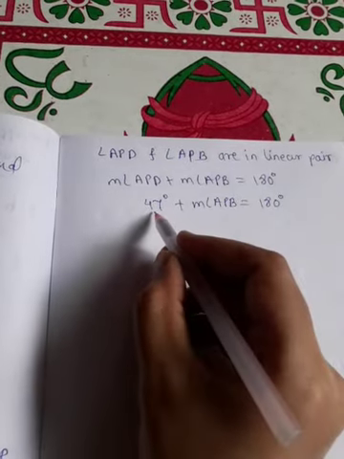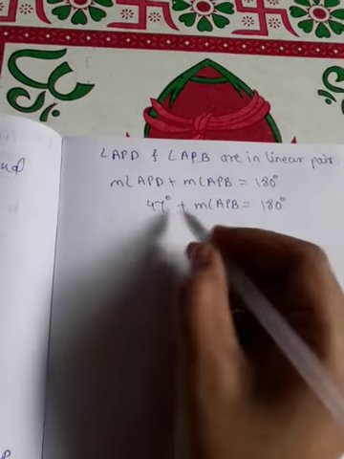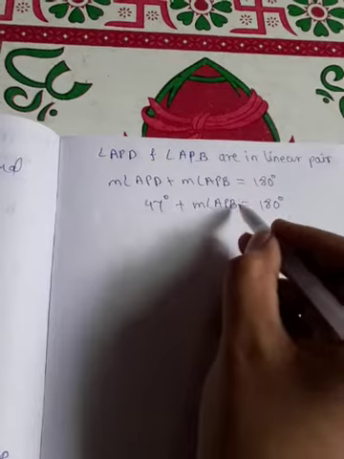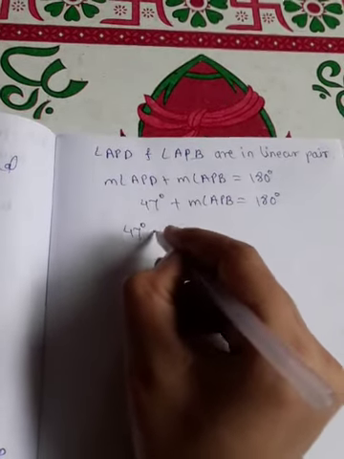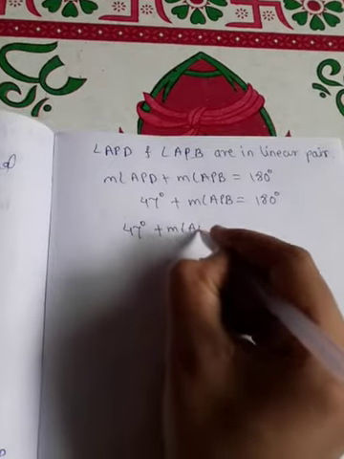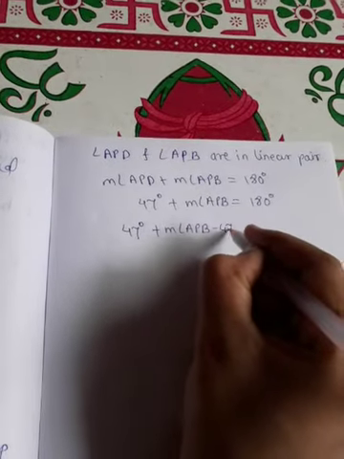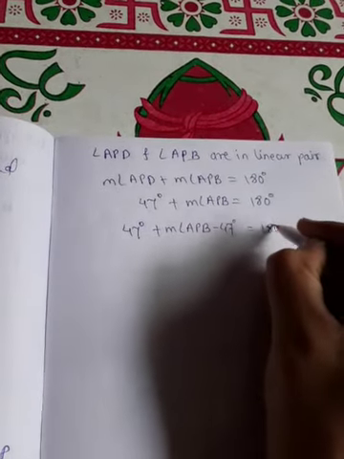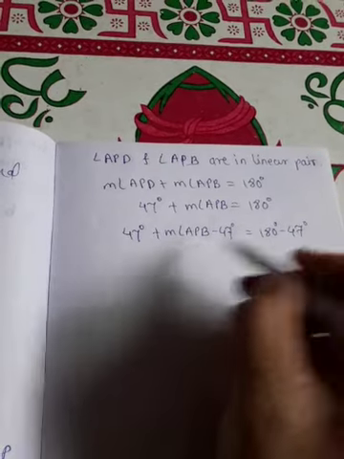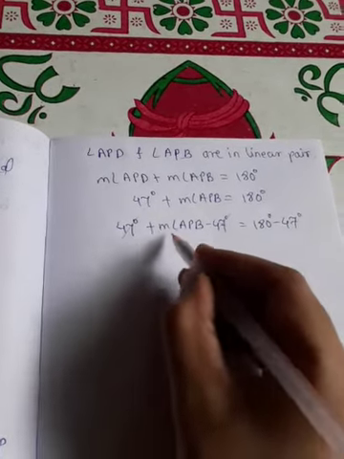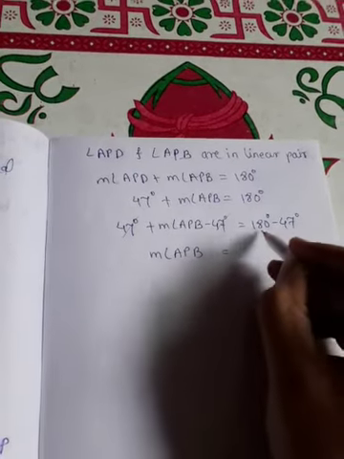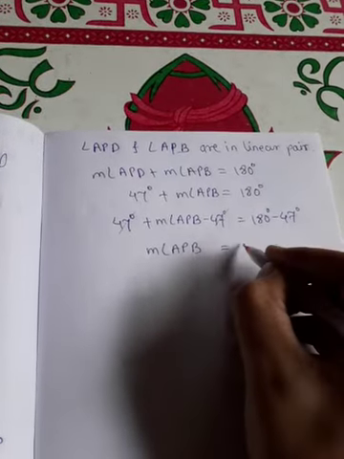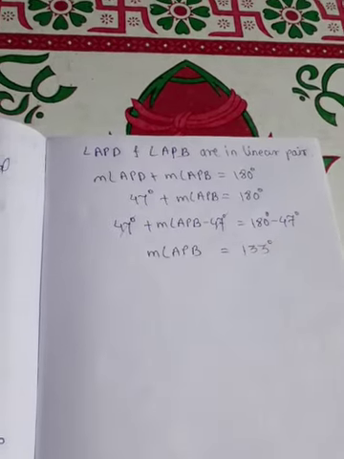We have to find the measure of angle APB. So now subtract 47 from both sides, because we want here the measure of angle APB. To cancel this term, subtract 47 from both sides. So here 47 gets cancelled. It remains only the measure of angle APB is equal to 180 degrees minus 47, which gives 133 degrees.